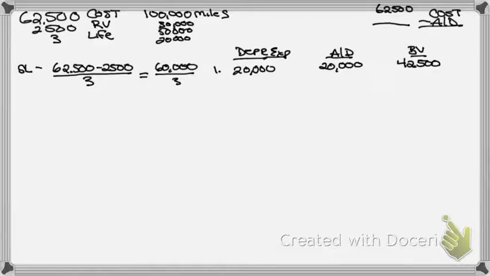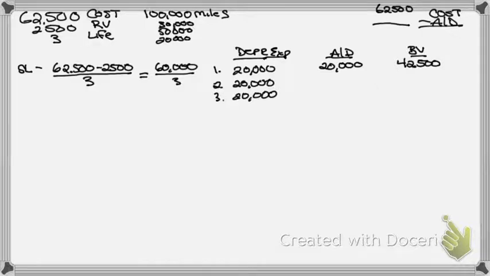Now, the reason that straight line is the easiest one, and it's also the most commonly used, is because of this. Once you calculate the first year, every year is exactly the same. So year 1 is 20, year 2 is 20, and year 3 is 20. So once you calculate the first year, you're done for depreciation expense. Now you have to calculate accumulated depreciation and book value.